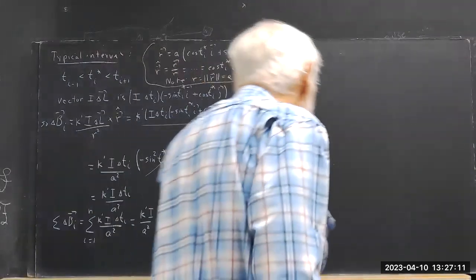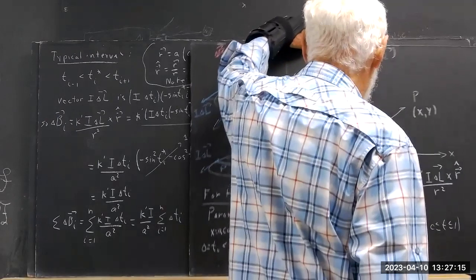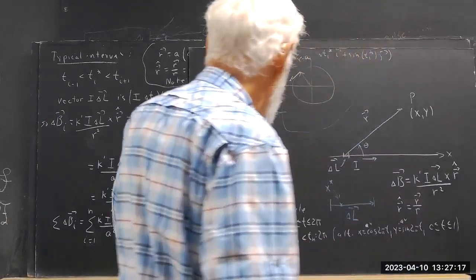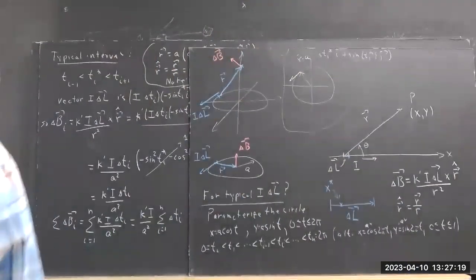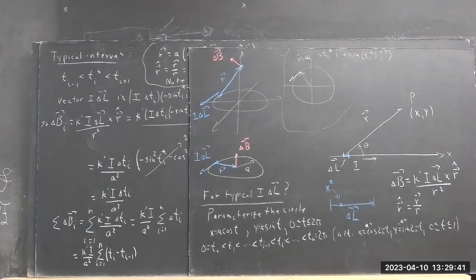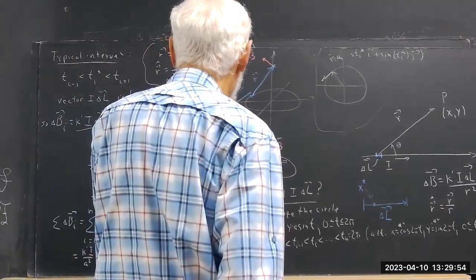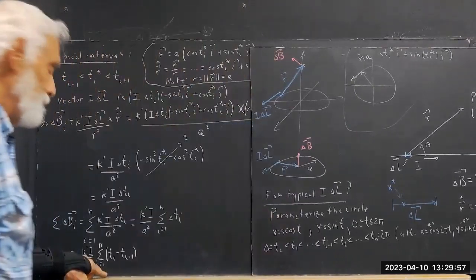Now, that's really what it comes down to, so let's just go back up here to our partition. What do you get when you add all the delta T_i's? Well, I kind of wrote down a hint here.